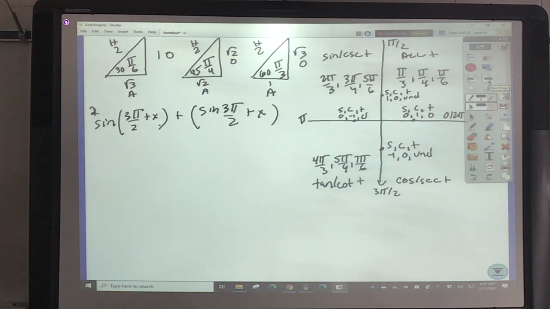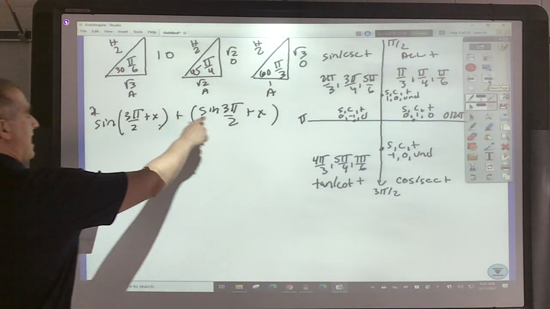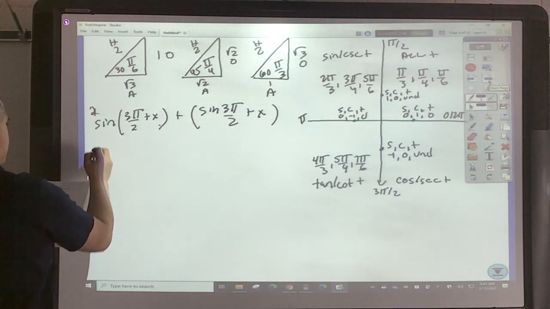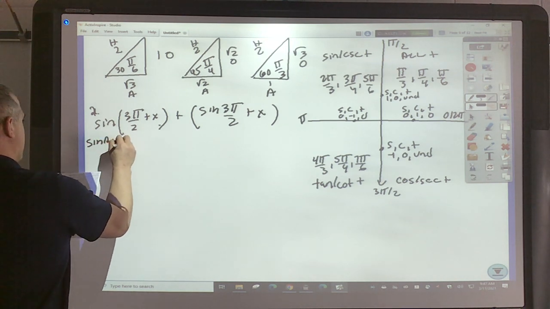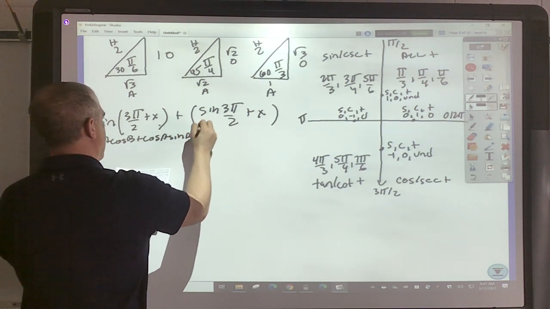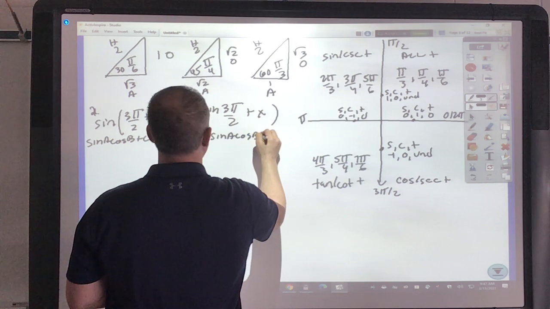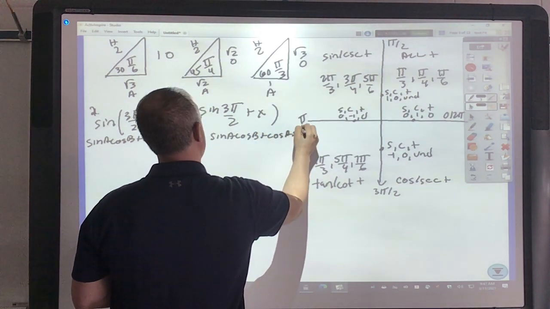Okay, now let's go ahead and do one more together. So this is back-to-back sine plus formulas. So this would be sine A, cosine B, plus cosine A, sine B. And I would do the same thing over here: sine A, cosine B, plus cosine A, sine B. Okay?